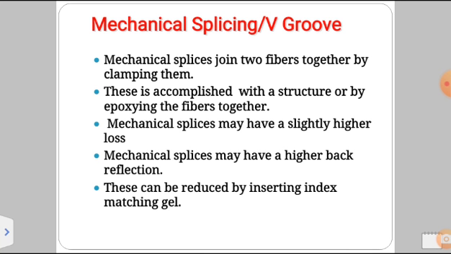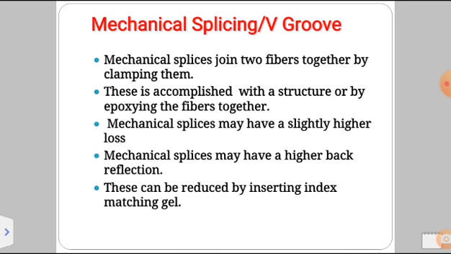So here it's not a permanent structure, and it has slightly higher loss. Mechanical splices may also have a higher back reflection. That is also common. The back reflection must be reduced; it must be kept to a minimum. And as I mentioned, this is a temporary connection to test the fibers, and they are doing this experiment.